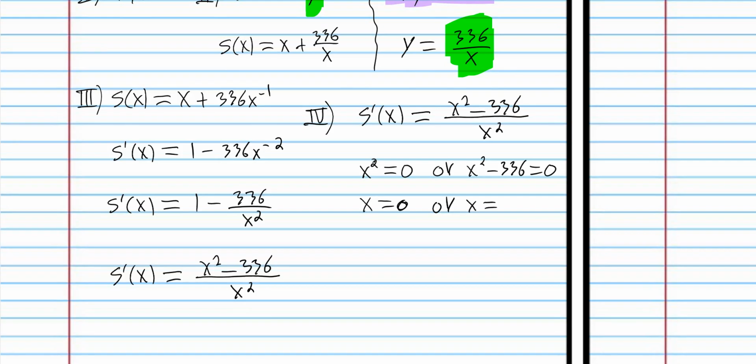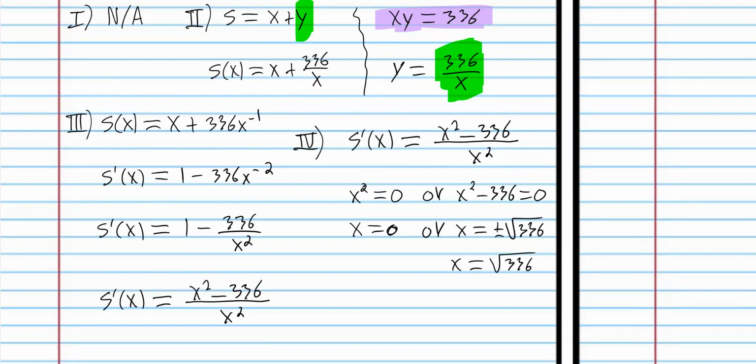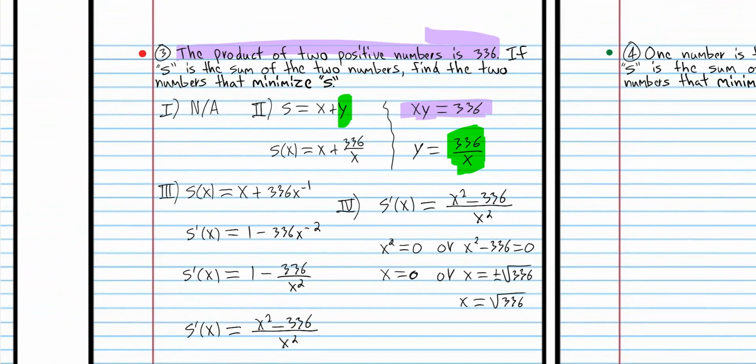And of course we have x equal to plus or minus root 336, but we're not interested in the negative version of that because these numbers have to be positive. Do you see up here where it says the numbers have to be positive? Okay, so we have our critical number.